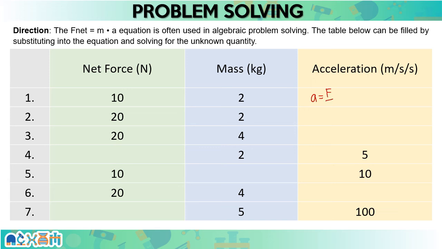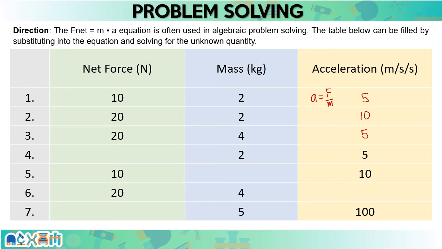That is force divided by mass. So that will be 10 divided by 2, giving us 5. Same as this one, 20 divided by 2 will give us 10 meters per second squared. The next one, 20 divided by 4 will give us 5 meters per second squared.